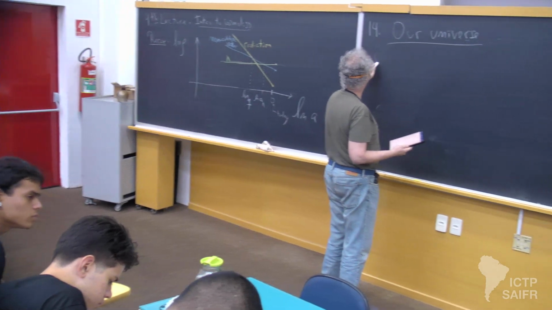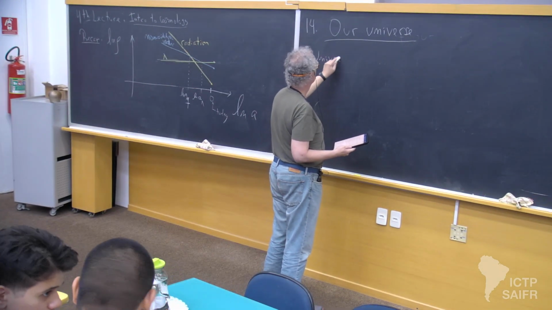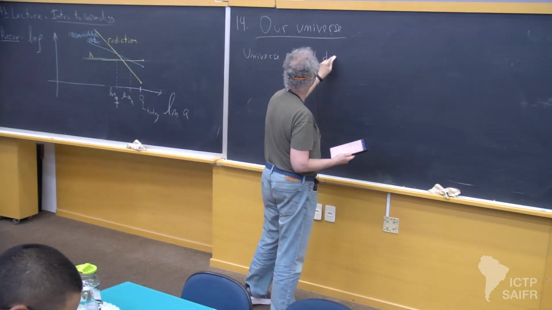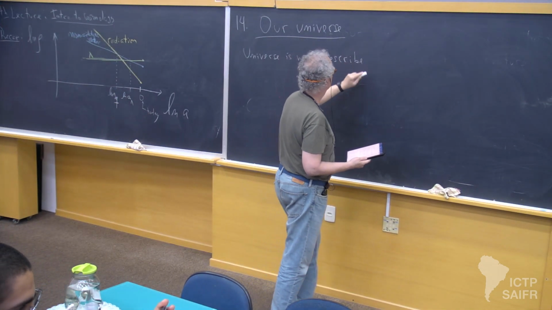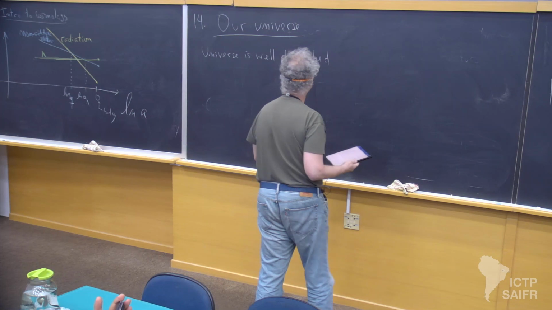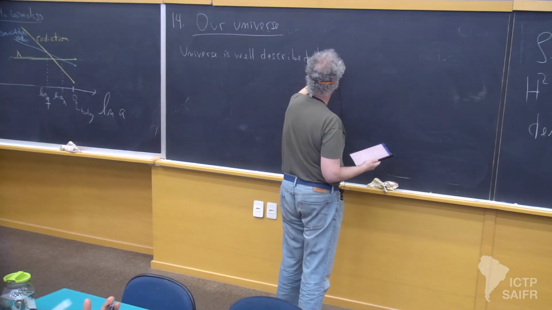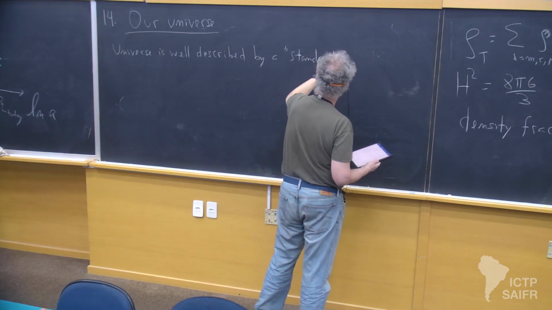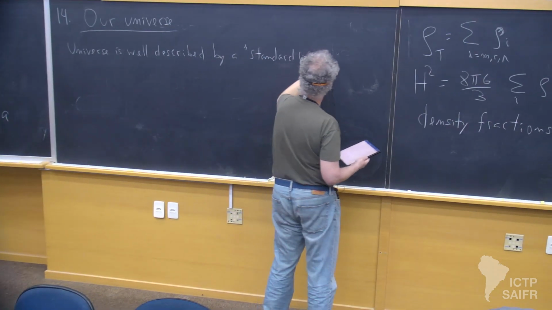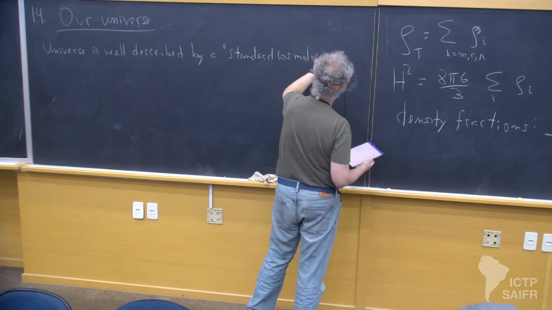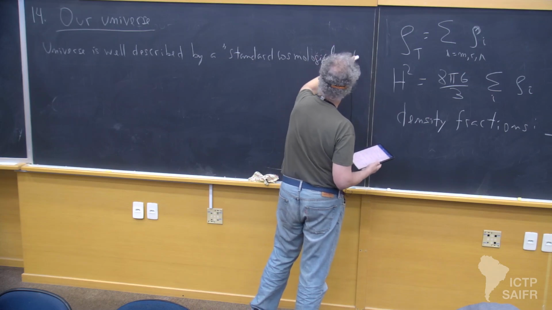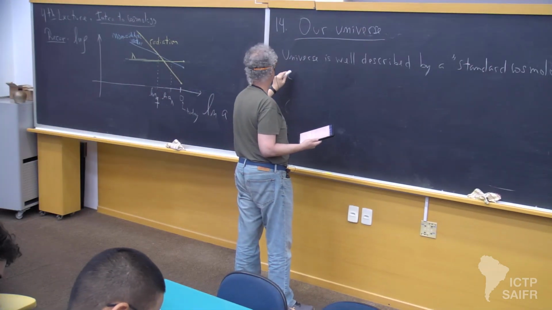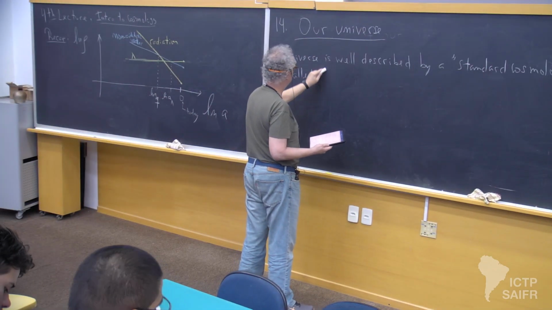Our universe is well described by a model, which is now called the standard cosmological model, which we already talked about. And this model is called Lambda CDM.